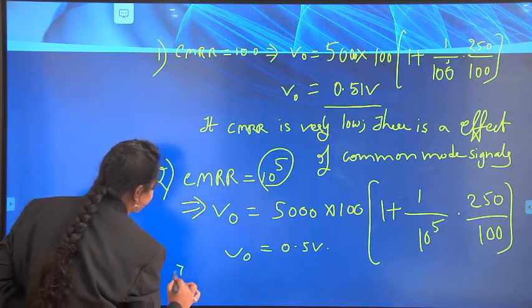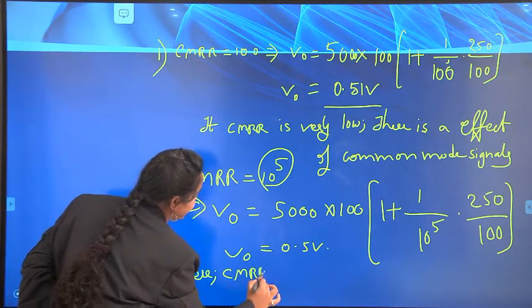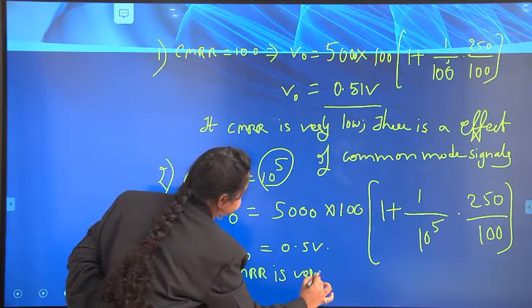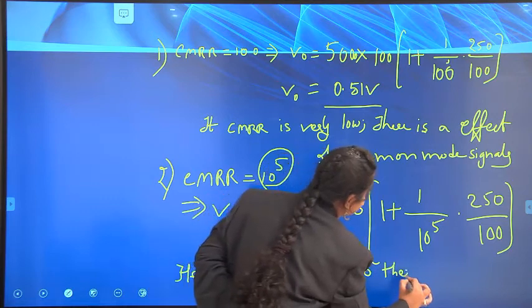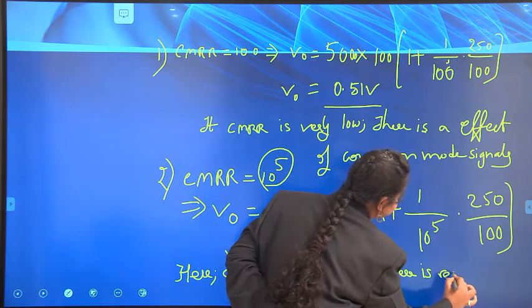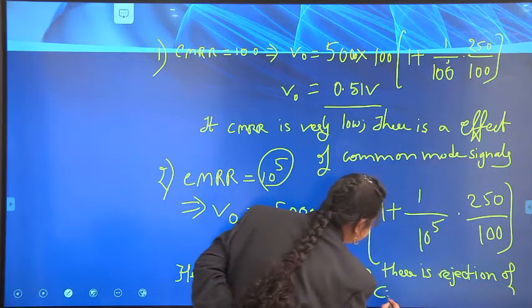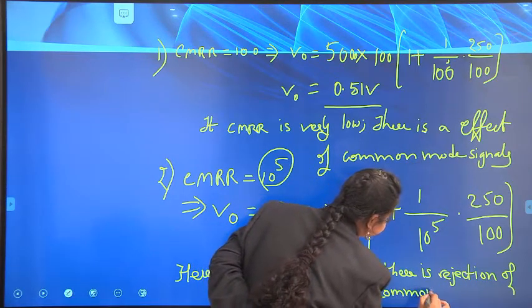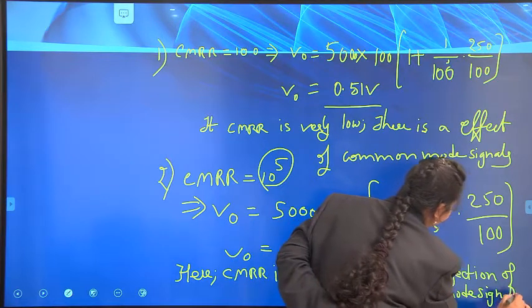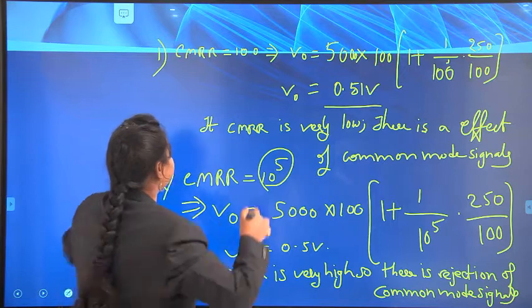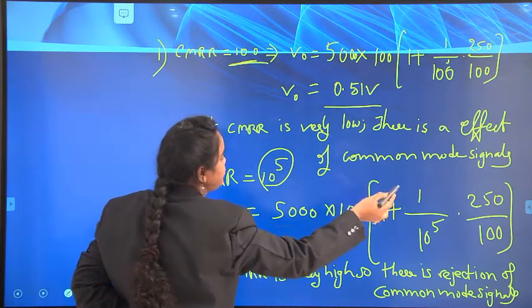Here CMRR is very high, so there is rejection of common mode signals. Here the CMRR value is 100, so there is an effect of common mode signals.